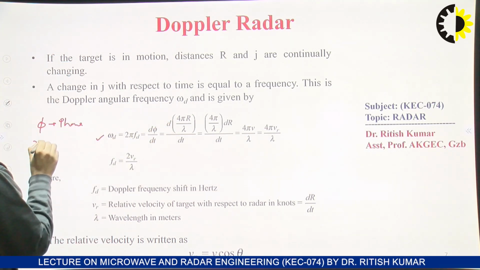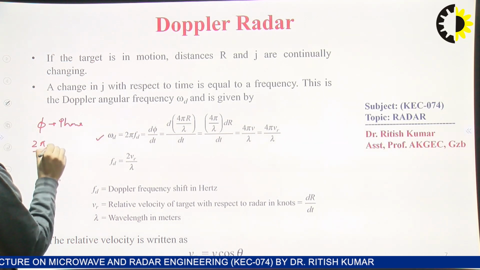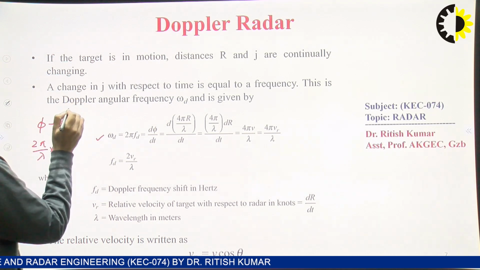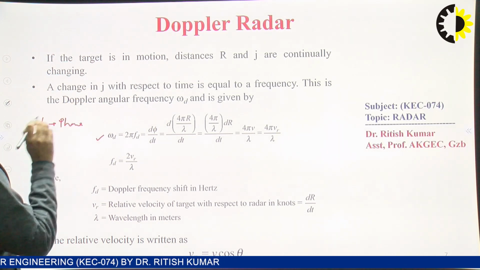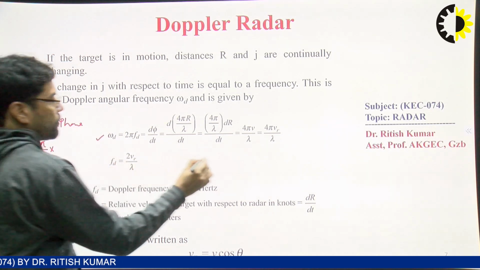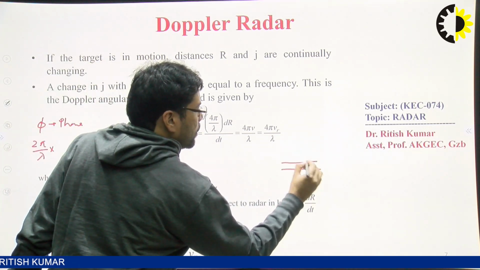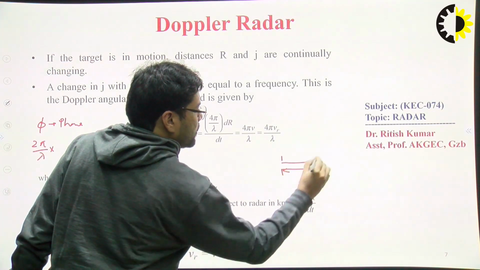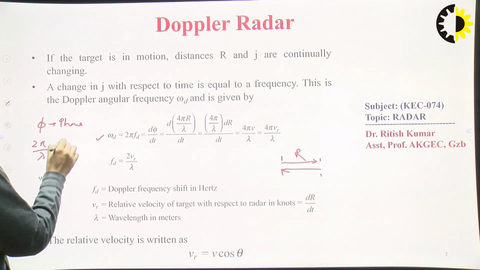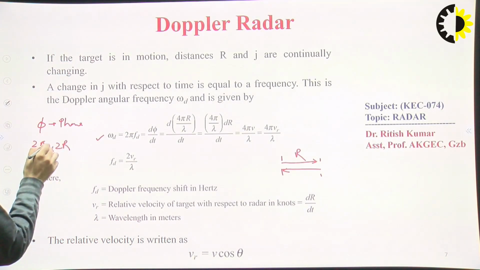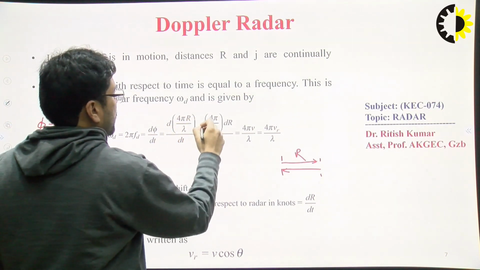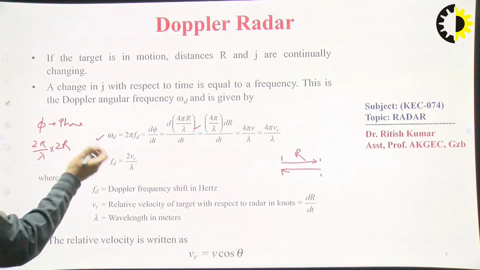Phase is equal to 2 pi y upon lambda, the traveling path difference. If you see the total path traveled by the radio wave, transmitted and reflected, the distance is r, so the total travel distance is 2r. So this is nothing but 4 pi upon lambda into r, right? I think it is clear how this comes.